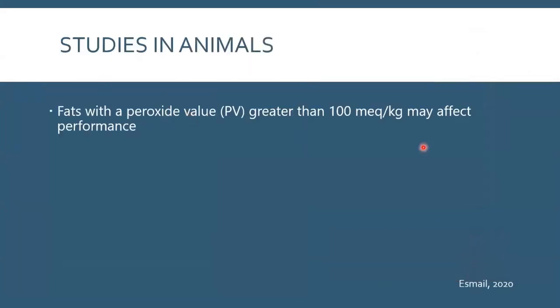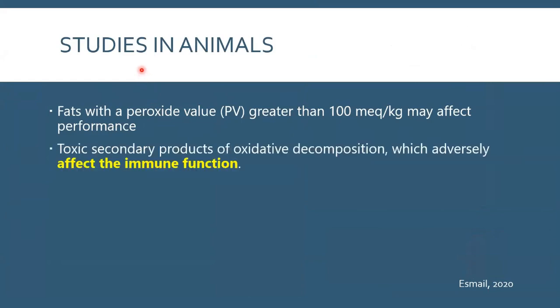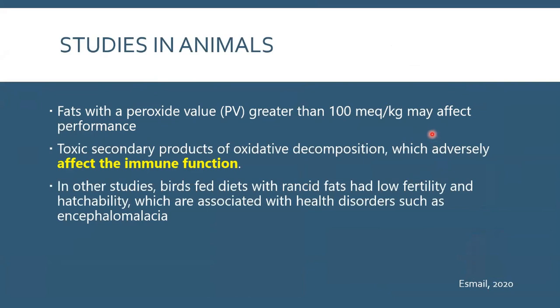So in some studies on animals, fats with peroxide value greater than 100 milliequivalent per kilogram may affect performance, and the toxic secondary products will affect immune function. In birds, it has been shown that oxidized fats would result in low fertility and hatchability of the breeders, and this is a very important factor when we talk about breeders or breeding animals.